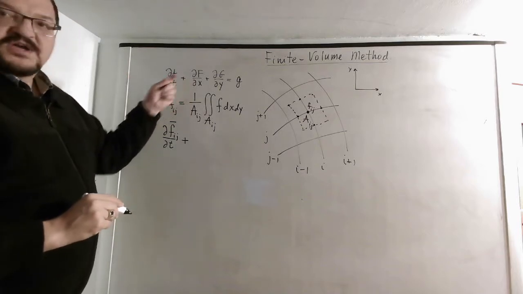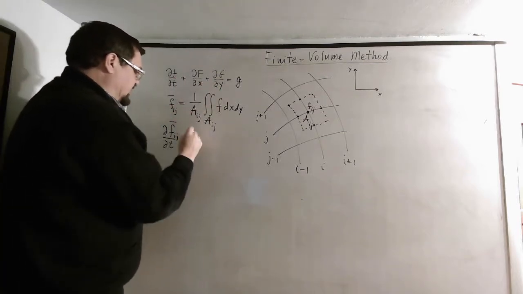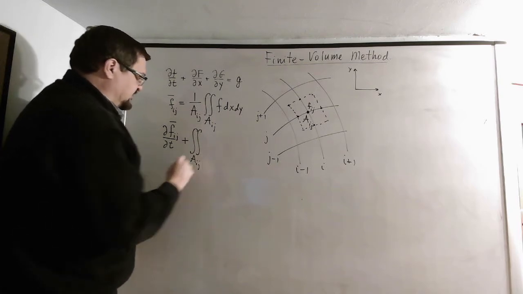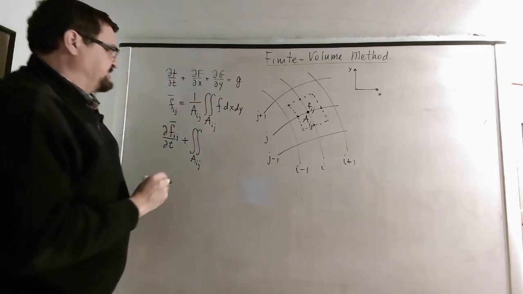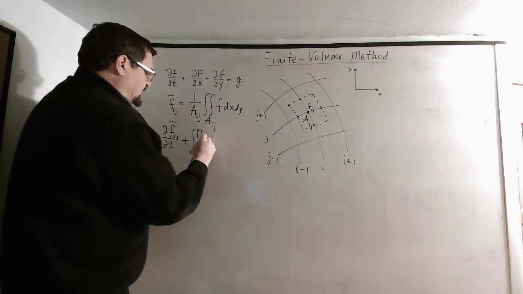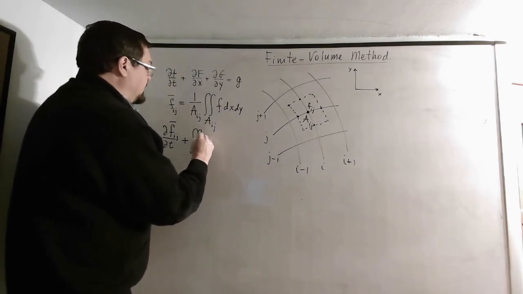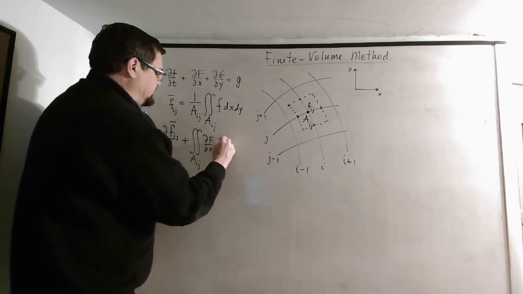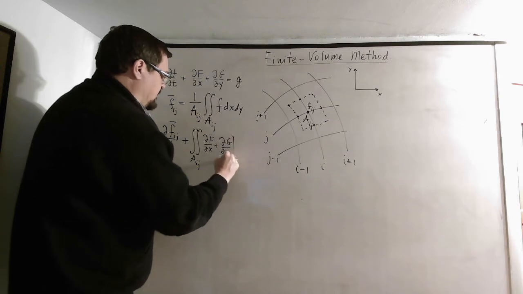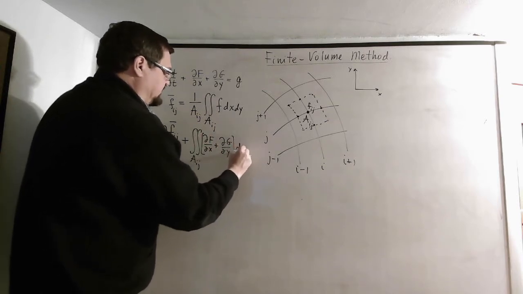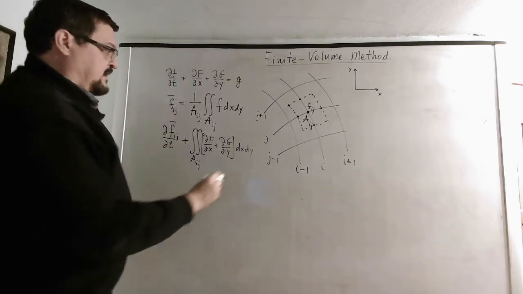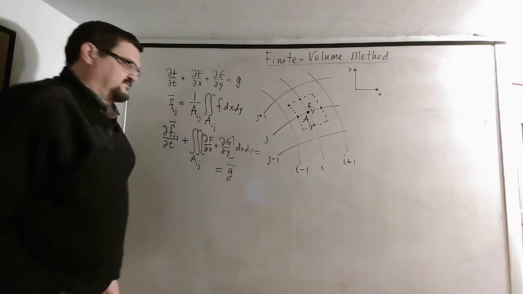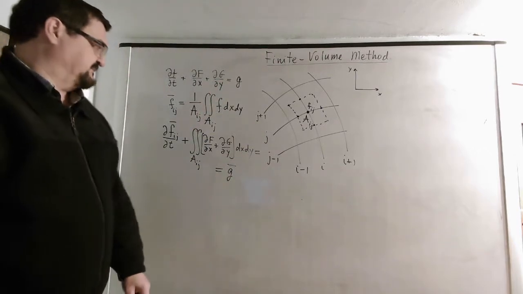Now we integrate this term. We write it formally as the double integral over this area of df/dx plus dg/dy, dx dy, and it equals just the g average, right? Just average this function.